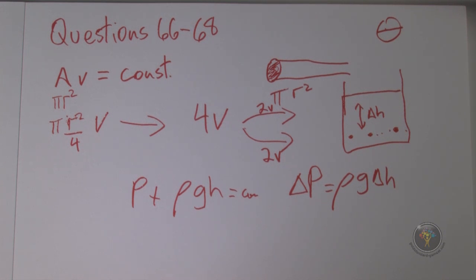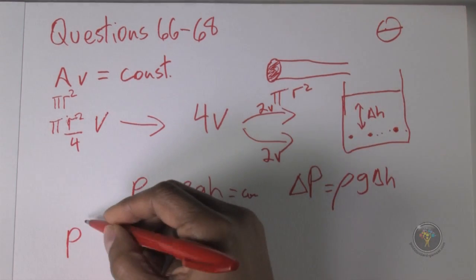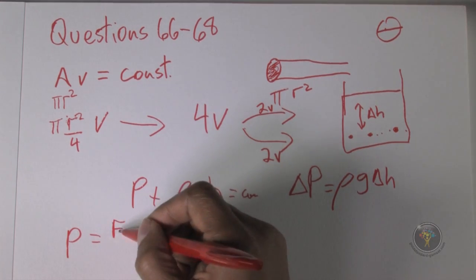Then 68: for which design will the total force of the water on the dam wall be the least? So first of all, force on the dam wall doesn't ring any bells for me about an equation, but I know that this whole thing has been talking about pressure. And if I hear the word pressure and the word force, of course I'm going to think that pressure is force per unit area.